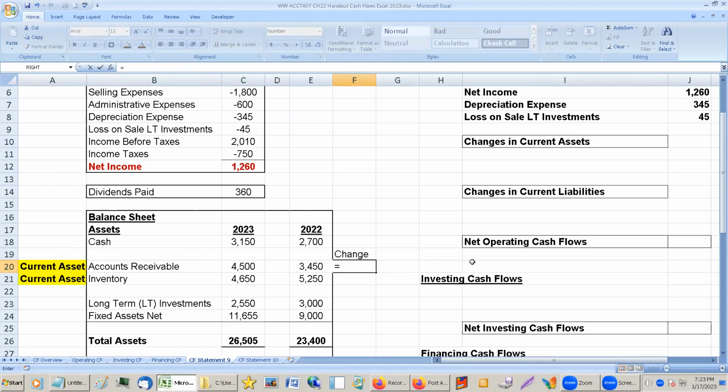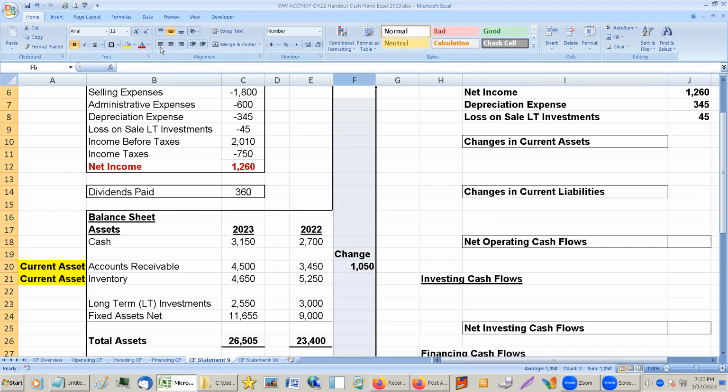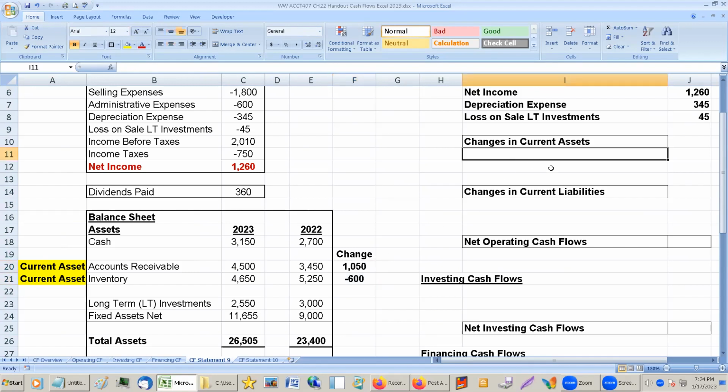Accounts receivable went from 3450 up to 4500, so the change is $1,050. We'll do the same thing here. Change is 600.